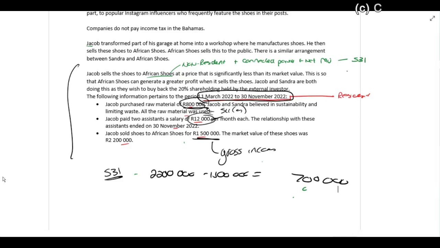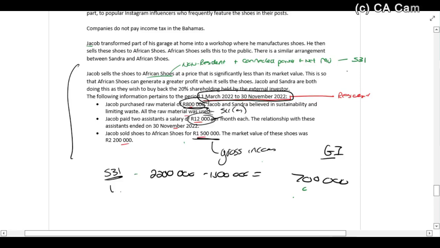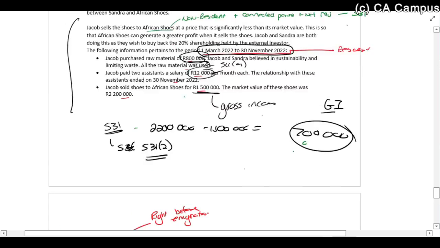What will happen to that amount? That amount will go into his taxable income, into his gross income. That's called the section 31(2) adjustment.